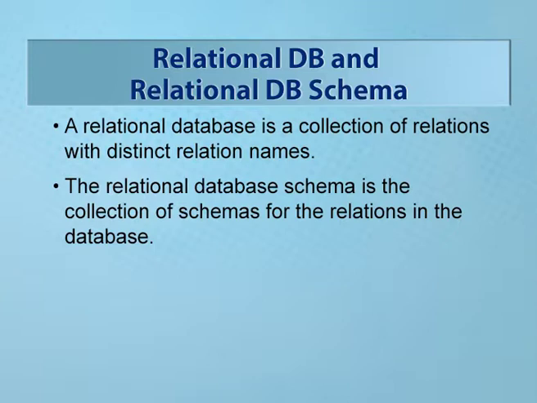You will identify the database name, and along with that database name, whatever relations you want to store under that database name, you will identify and make them the relations of that particular DB schema. Then the relational database schema is a collection of schemas for the relations in the database.